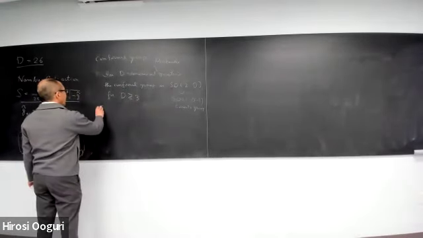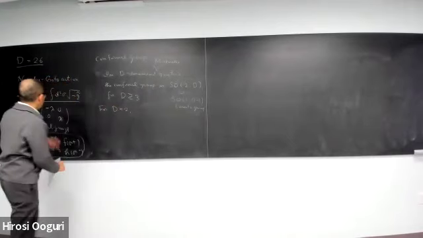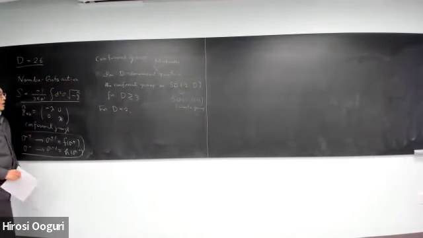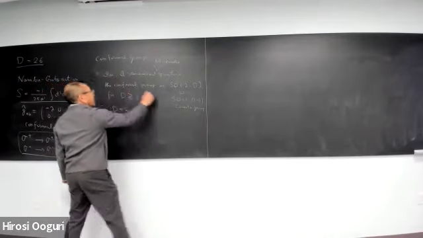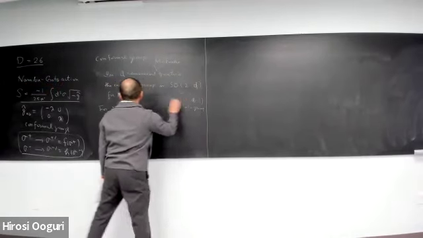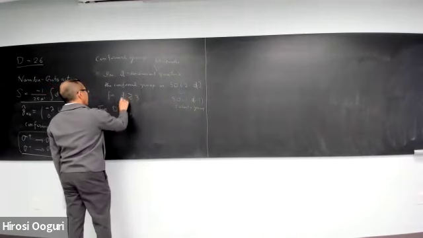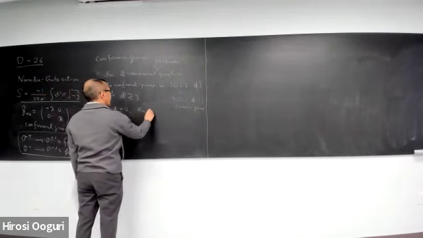But for D equal to 2, which is what we are considering here, well, actually I was using D to be the dimension of target space, so maybe I should use small d. For d equal to 2, the conformal group is infinite dimensional.